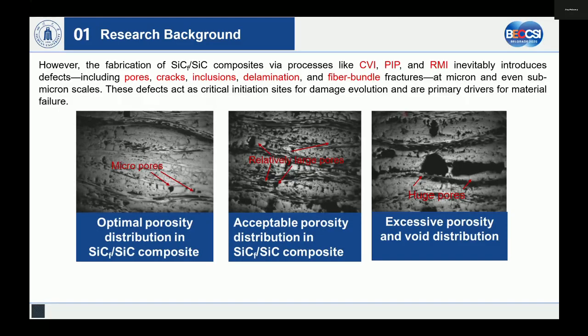As you can see in this picture, the pores here vary in size. Some are large and some are small. These defects act as critical initiation sites for damage evolution and are primary drivers for material failure. So that's why we needed to study them.